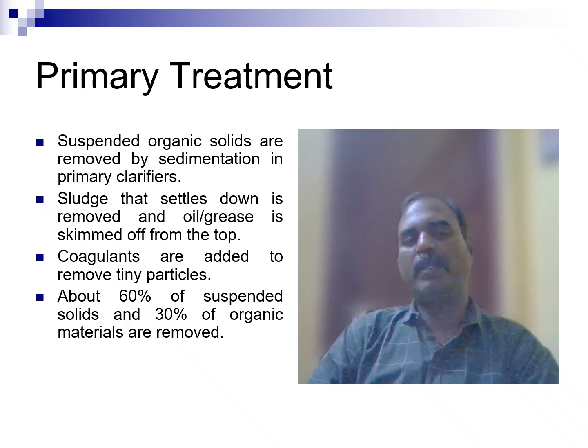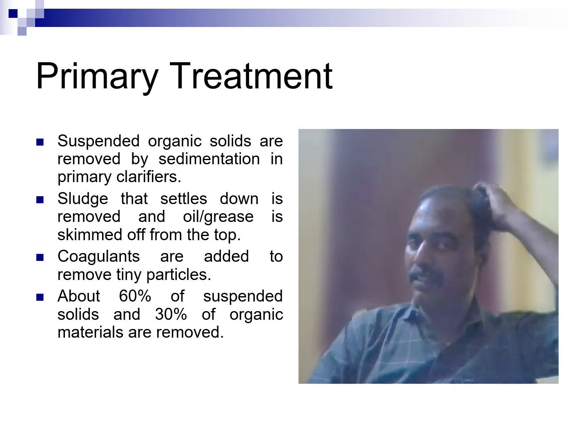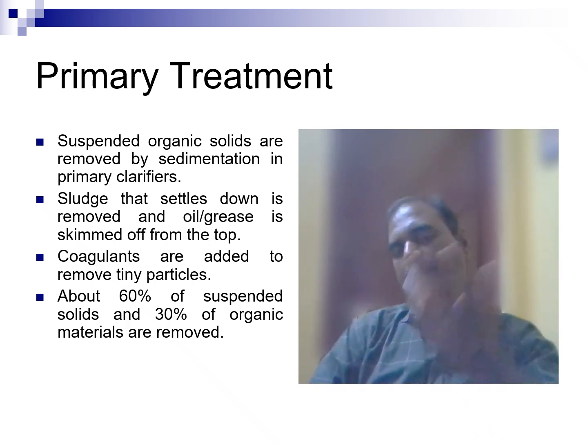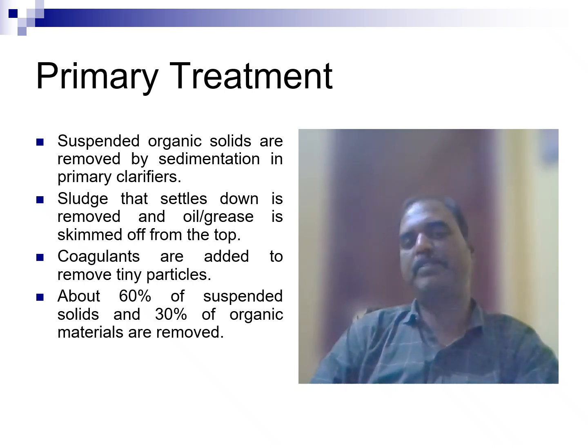Then coagulants are added to remove the tiny particles, forming larger particles that settle down at the bottom. About 60% of suspended solids and 30% of organic materials are removed in the primary treatment itself.